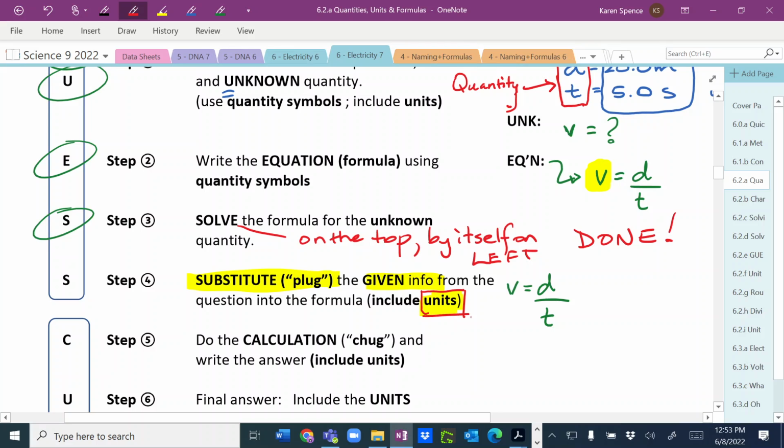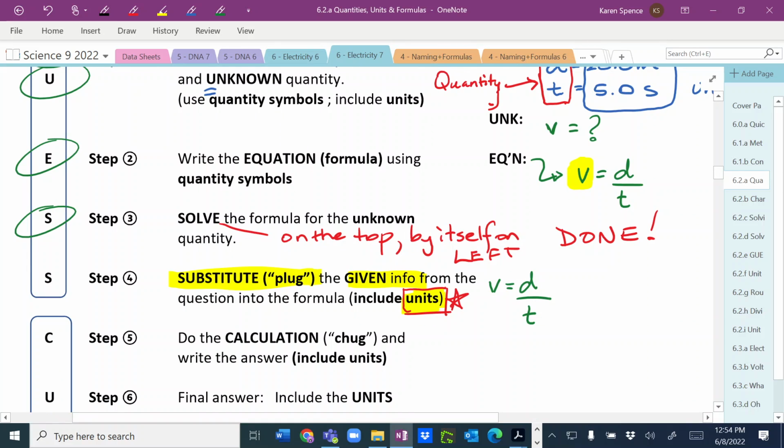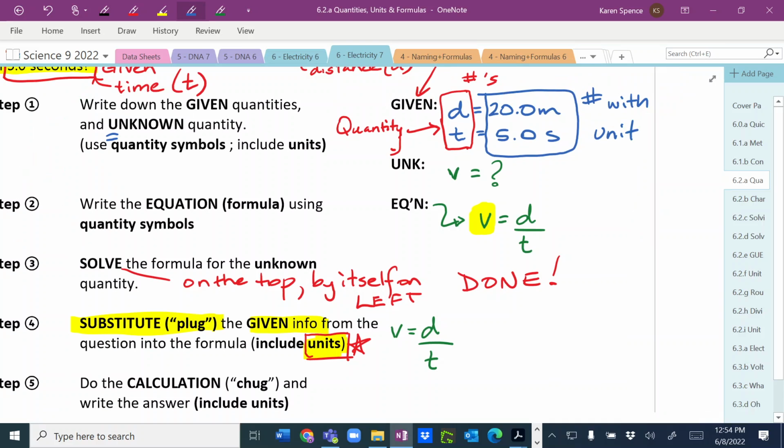Math doesn't have as many units. Like sometimes they do, but often there's just numbers. But in science, we always have our units. So let's plug that in. So what should we write where we have d? Go back to your given information, and you're going to write 20 meters.